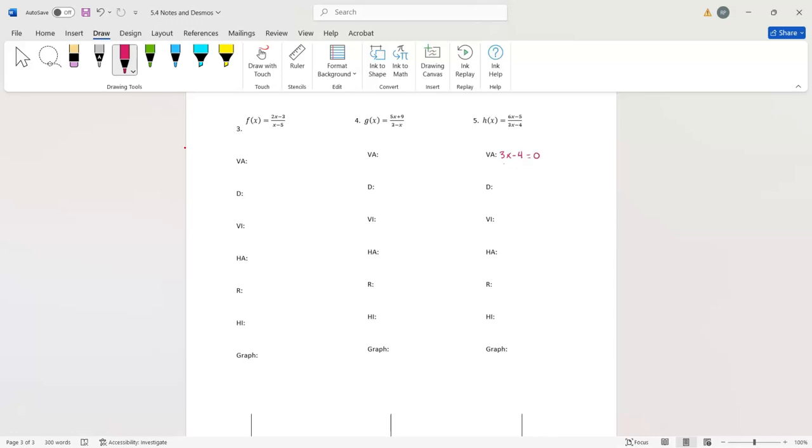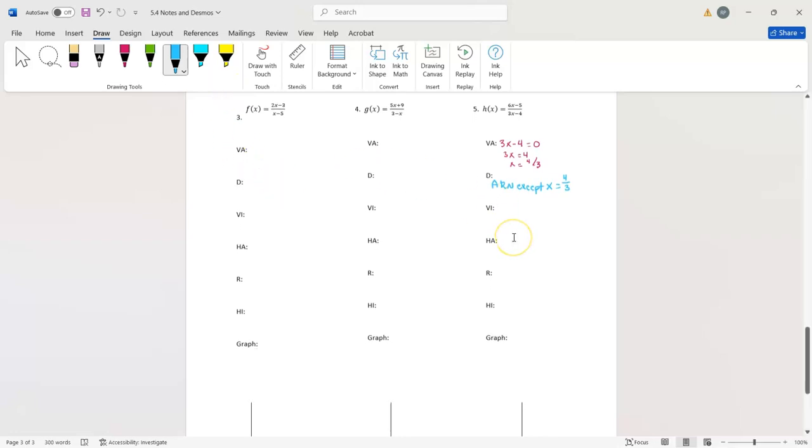And so if I add 4, I get 3x equals 4. So x equals 4/3. And so that means that my domain is going to be all real numbers except x equals 4/3.